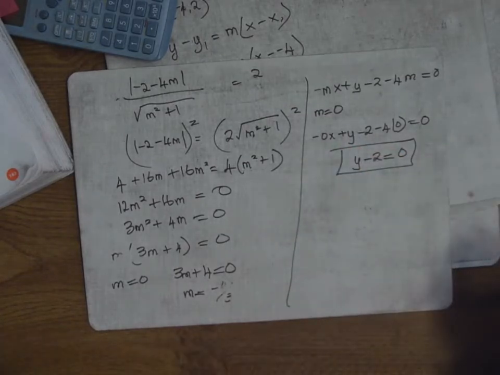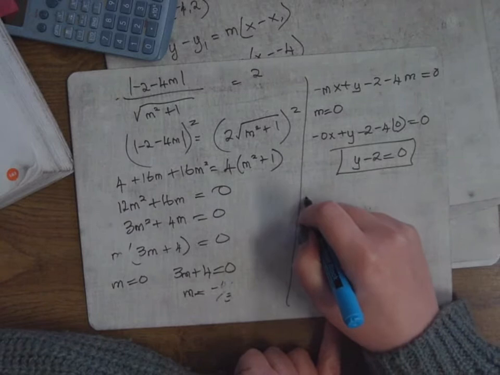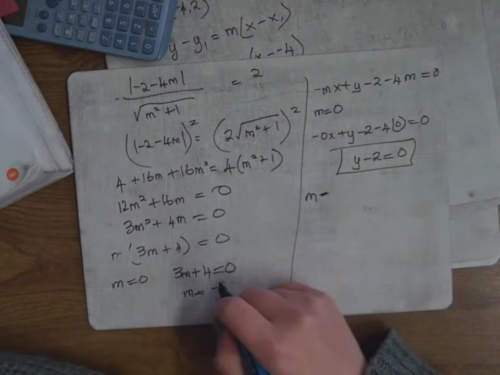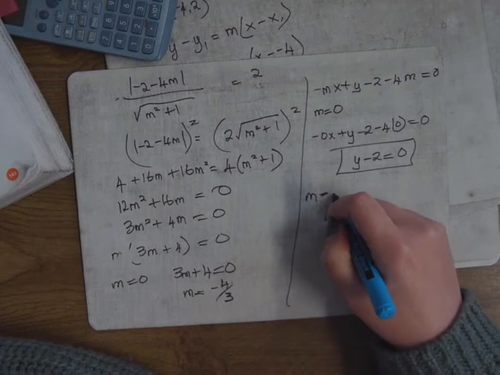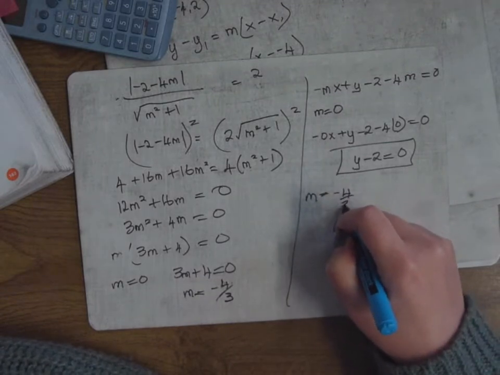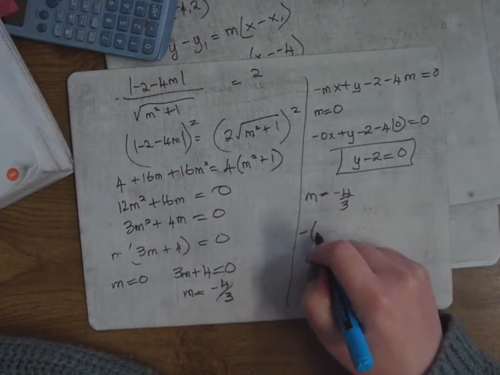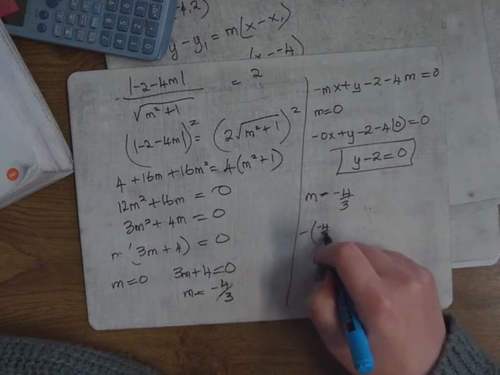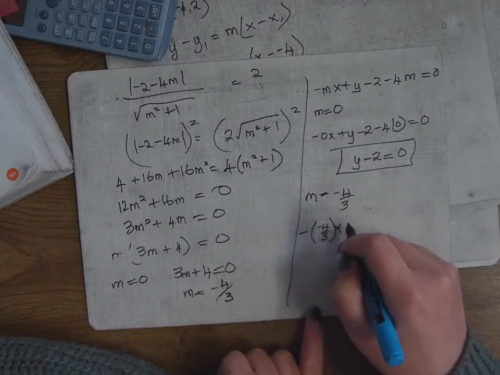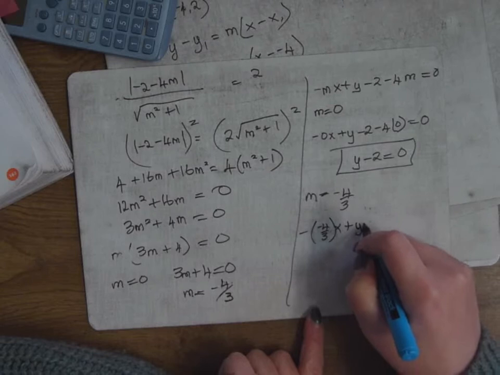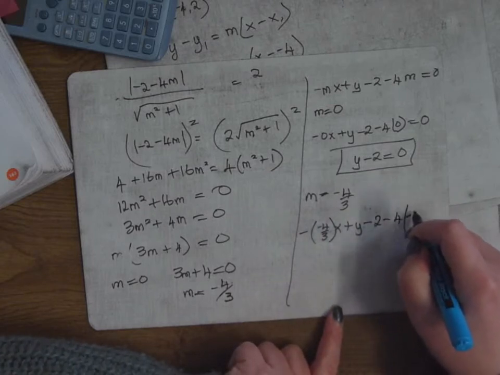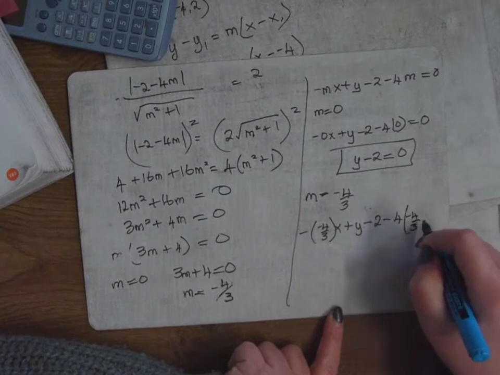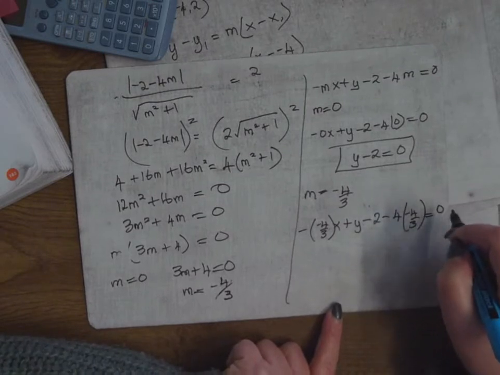Okay? Then m could also be equal to minus 4 over 3, which I've just rubbed out. So everywhere I see an m, put in a minus 4 over 3. So it's minus 4 over 3 times x plus y minus 2 minus 4 times minus 4 over 3 equals 0.